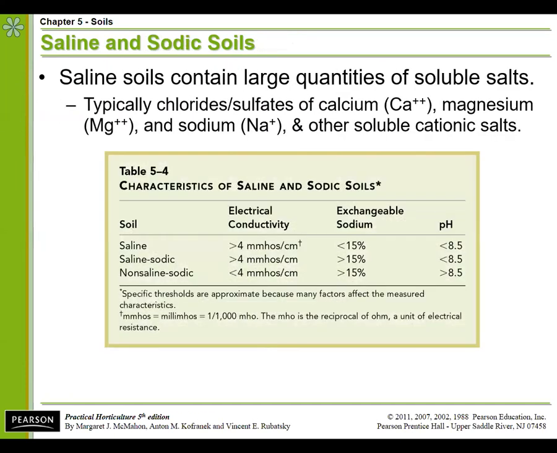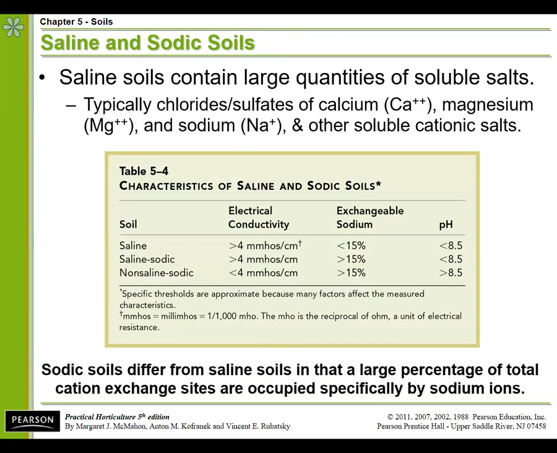In the saline soils, the salty soils, right, they contain large quantities of these soluble salts. This is mostly in the alkaline soils that we have this. And typically they are holding on to things like chlorides and sulfates of calcium, magnesium, and sodium, which are very important nutrients.